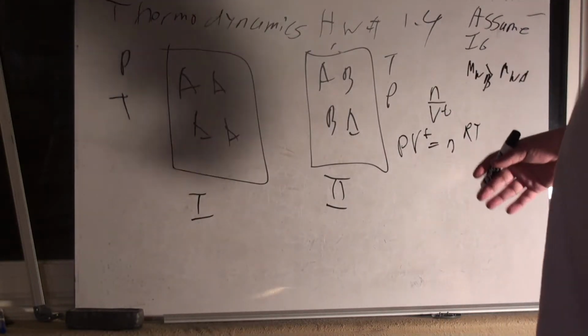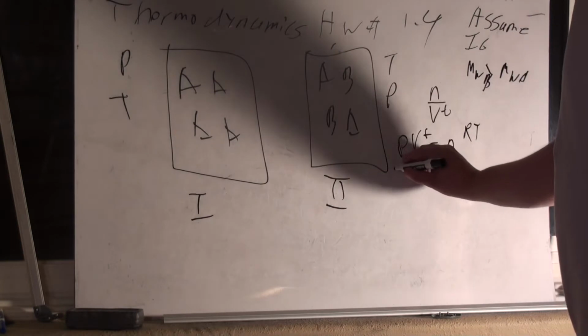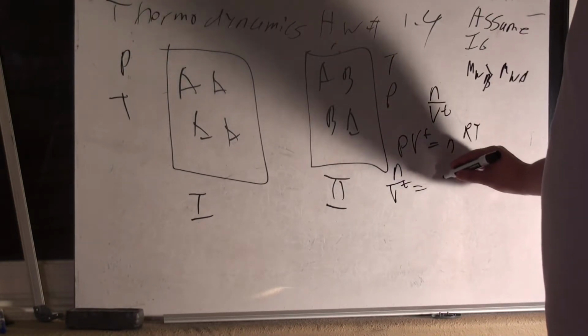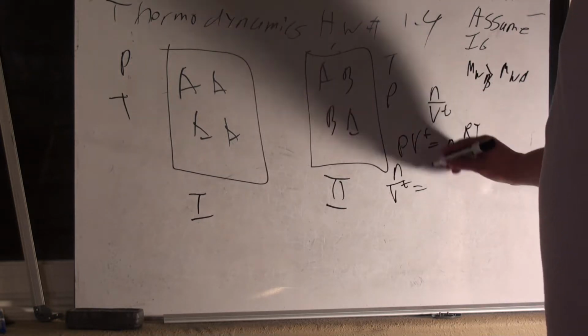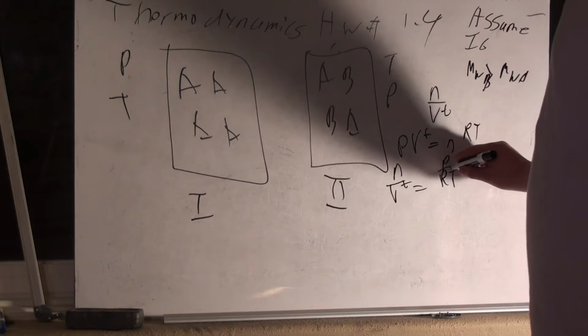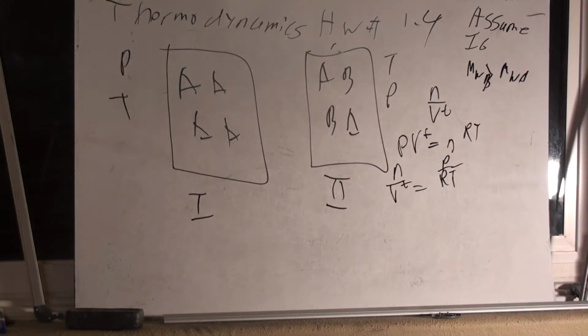Okay, and so let's rearrange this so it matches that. So I have N over V total equals P over RT.